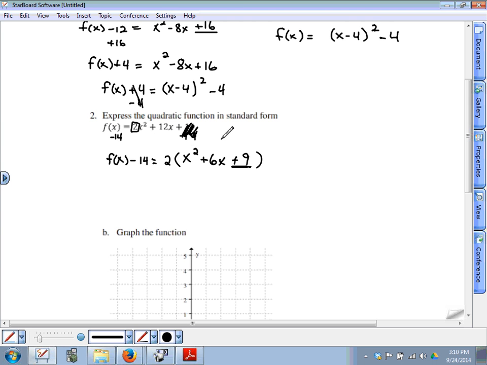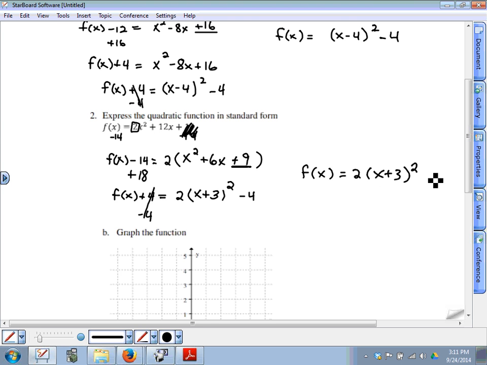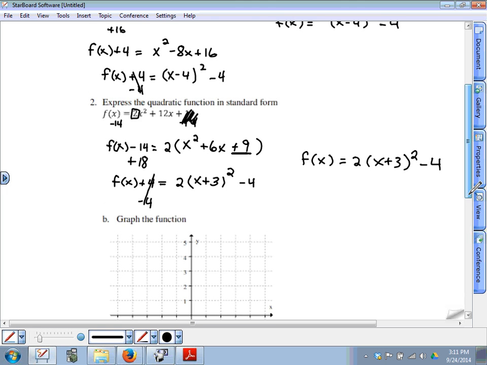So we've added 18 to the right side of the equation, so you've got to add 18 over here, and you get f of x plus 4 equals 2. Now x squared plus 6x plus 9 factors into x plus 3 times x plus 3, and that's x plus 3 squared. And again, the last step is to subtract a 4. So the final answer is f of x equals 2 quantity x plus 3 squared minus 4.